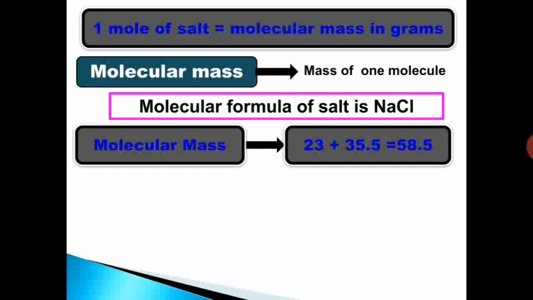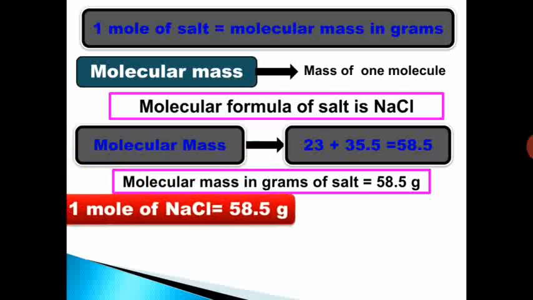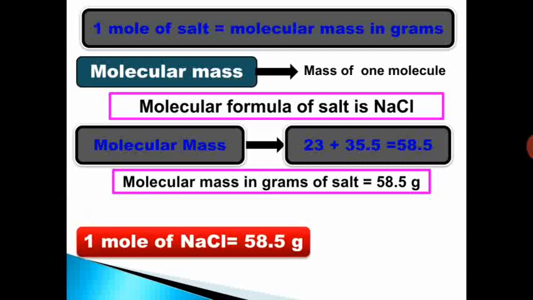Means the molecular mass of sodium chloride is 58.5 Dalton. But 1 mole is the molecular mass in grams, so the molecular mass in grams of salt is 58.5 grams, and that is nothing but the 1 mole. So 1 mole of NaCl is equal to 58.5 grams.